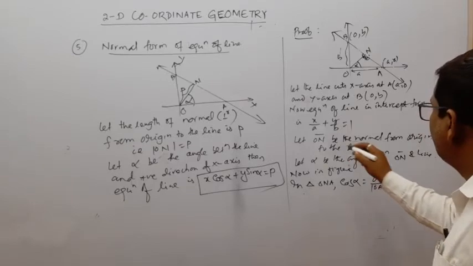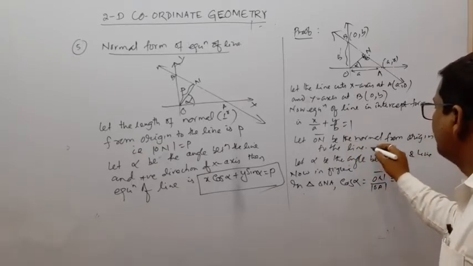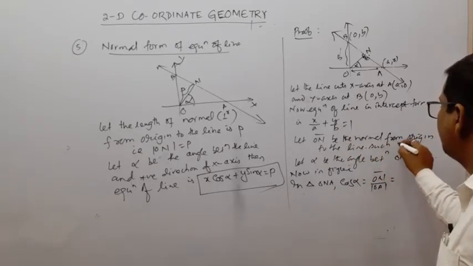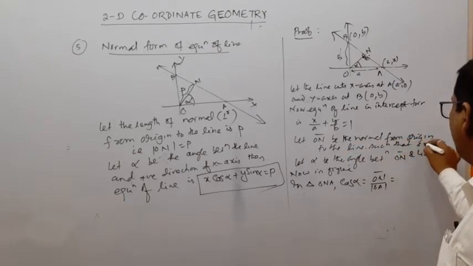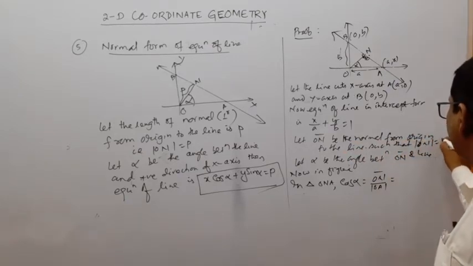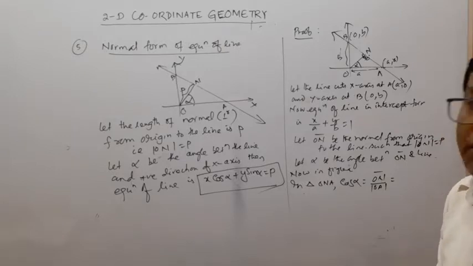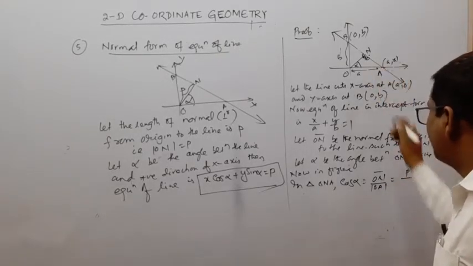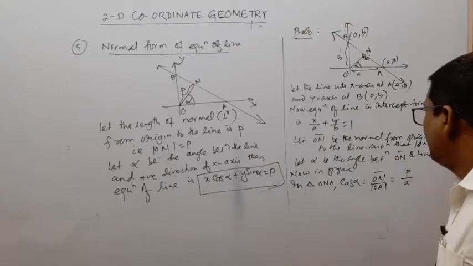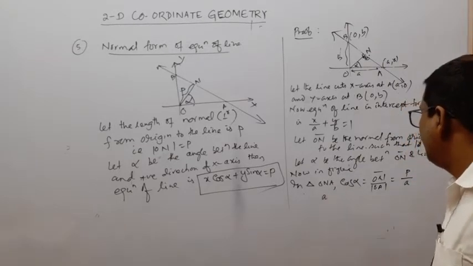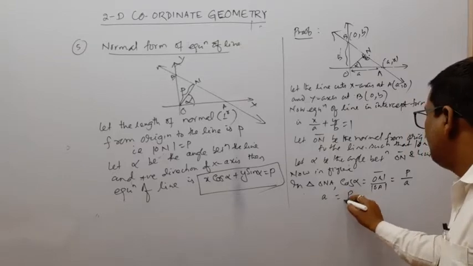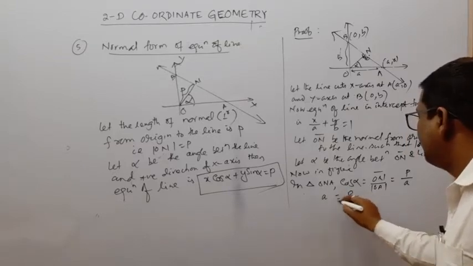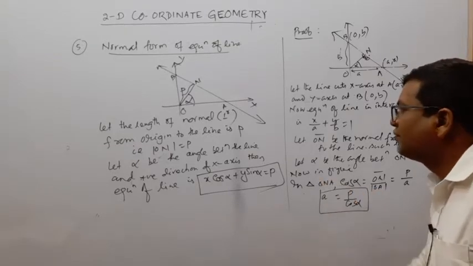Let ON be the normal from origin to the line such that ON magnitude is equal to P. So this is P, and A is what? A is equal to P by cos alpha.